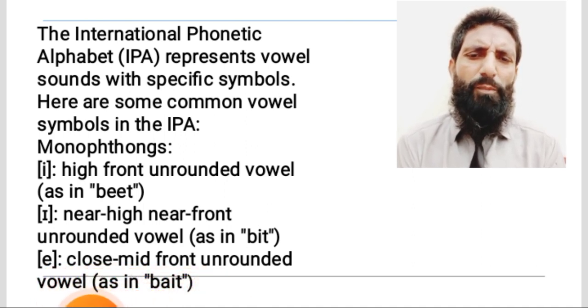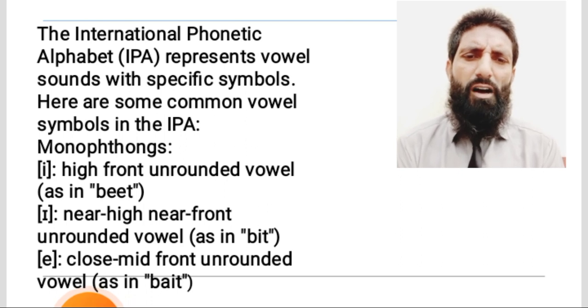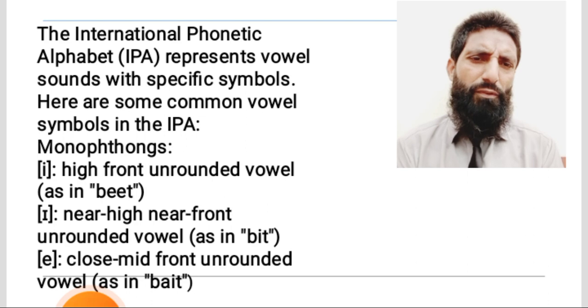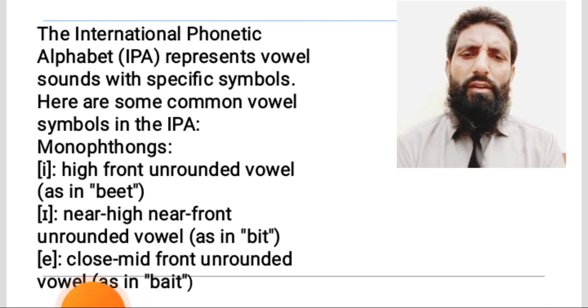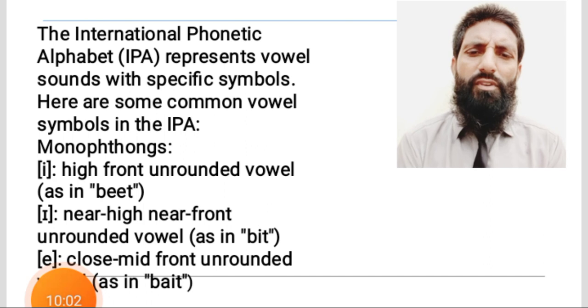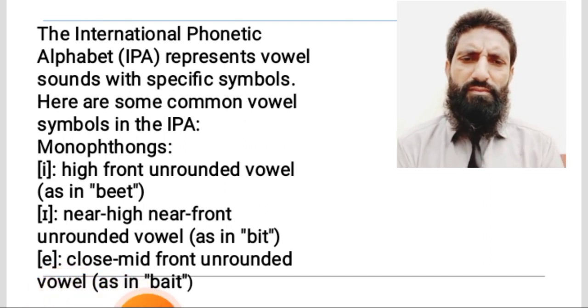This is basically the position of the tongue and how you produce a sound using your tongue surface and the muscles of the mouth, including the jaws. This sound is pronounced as in wait.